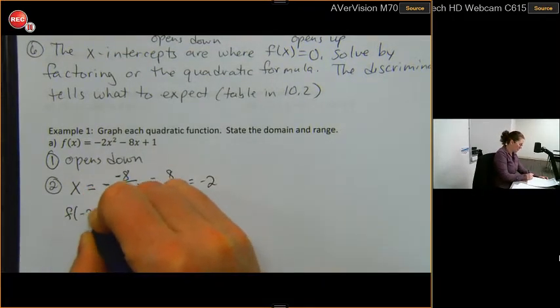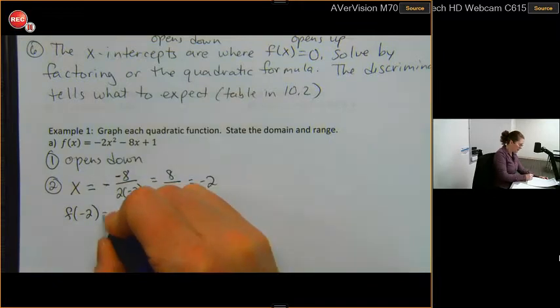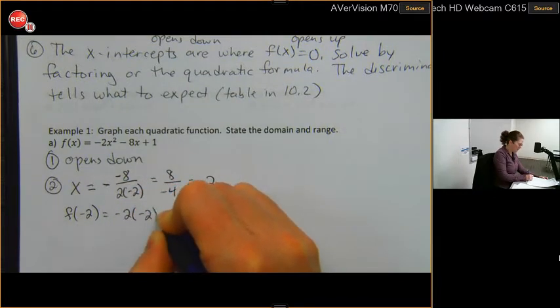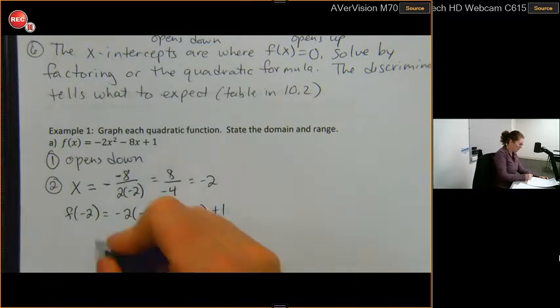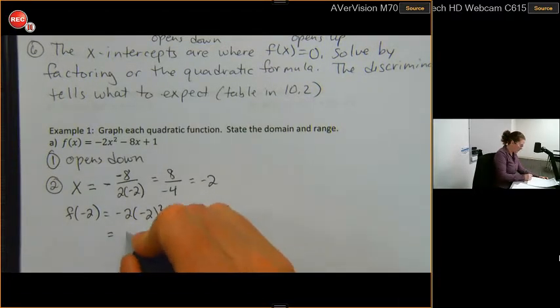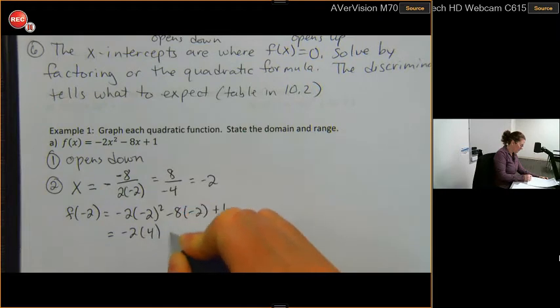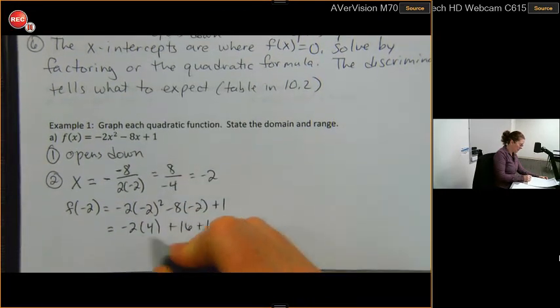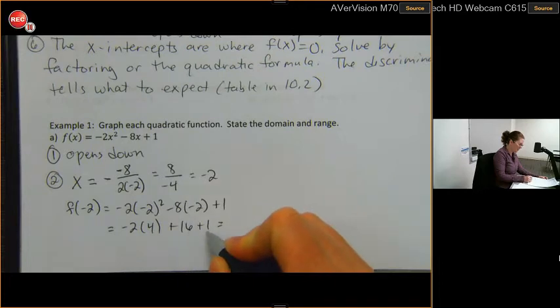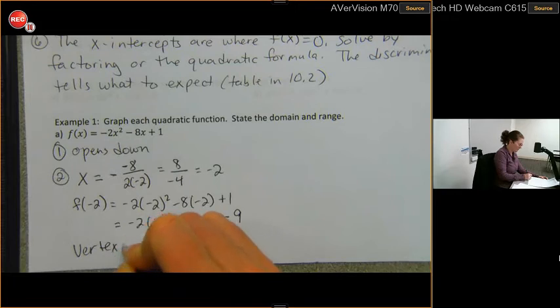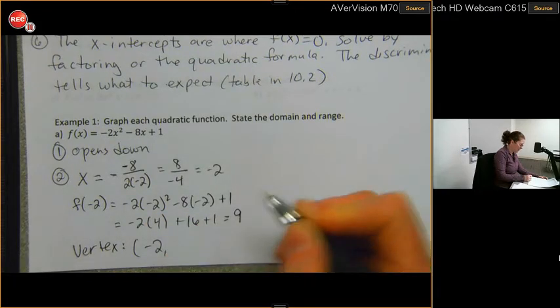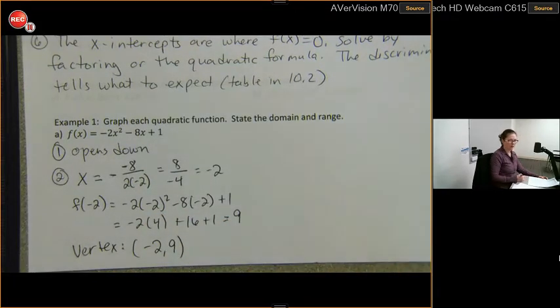To do that, I substitute negative 2 in place of the x and solve this out. I get negative 8 plus 16 is 8, plus 1 is 9. So my vertex is at the ordered pair negative 2, 9.